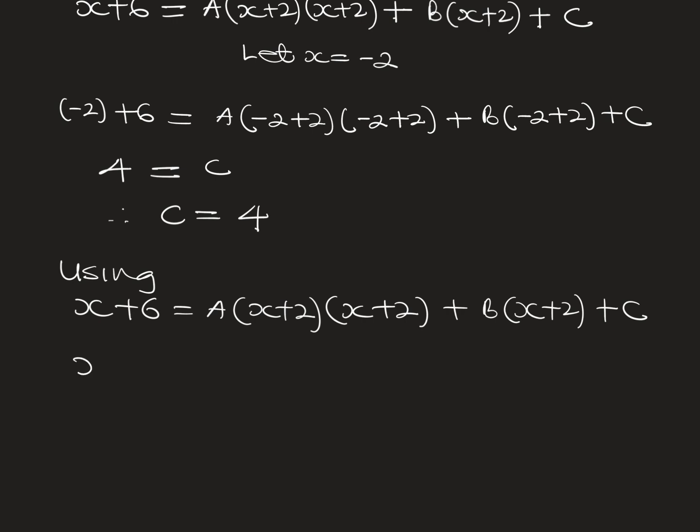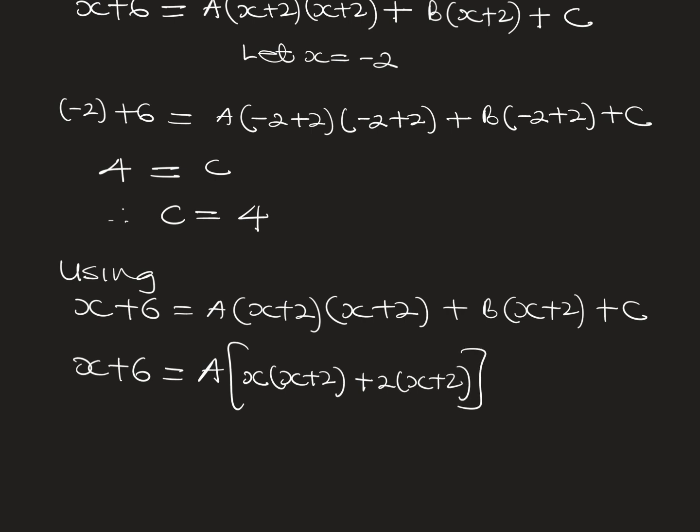So that will be x plus 6 is equal to a into x plus 2 into x plus 2, okay? What I did is trying to expand this. Take the first x, multiply by all what you have in the second bracket, then take the plus 2, multiply it again by all that you have in the second bracket. With that, it means you have multiplied everything. So plus b into x plus 2, plus c.